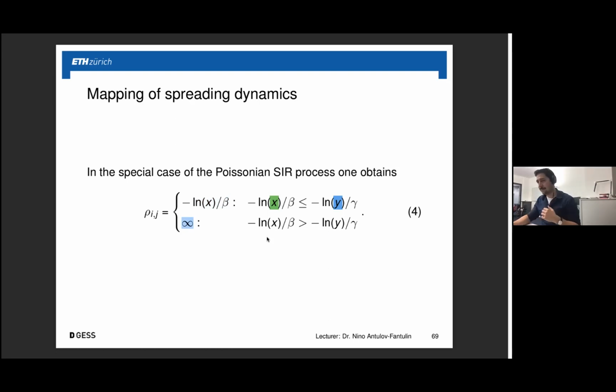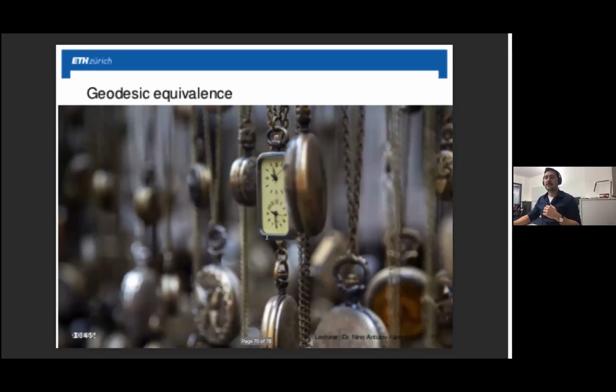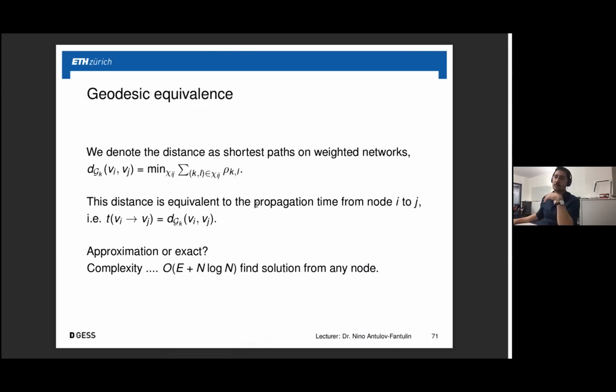Why infinity? The reason is that we want to have a certain type of equivalence. We want to know that shortest paths on this weighted graph, the shortest paths is written here, the definition, are also telling us what is the time that the epidemic can spread from one node to a different node.